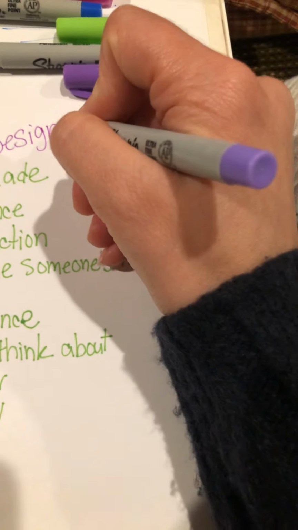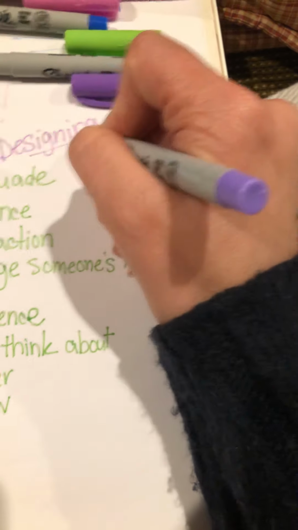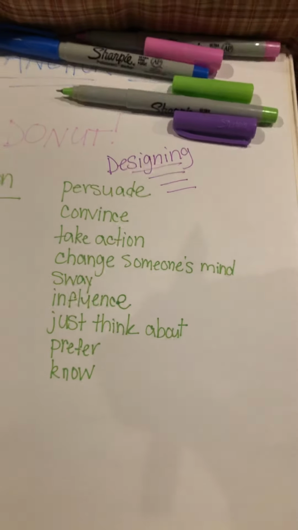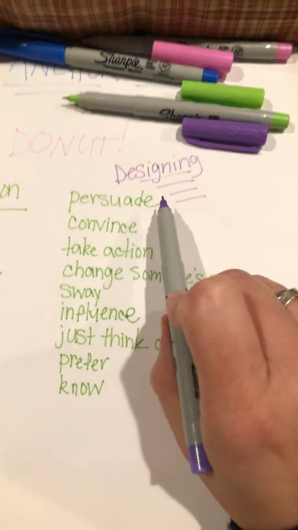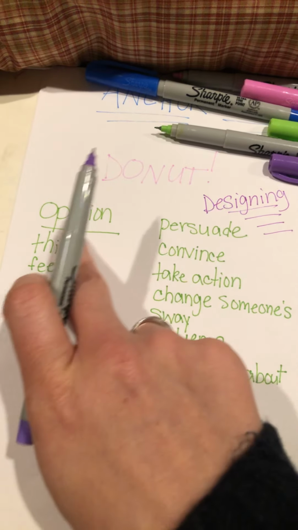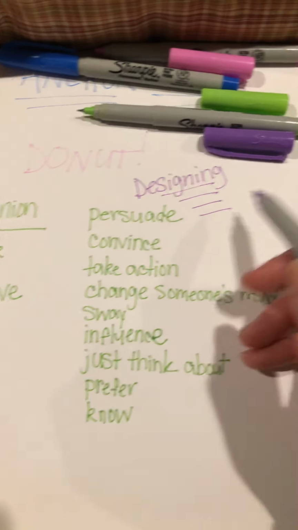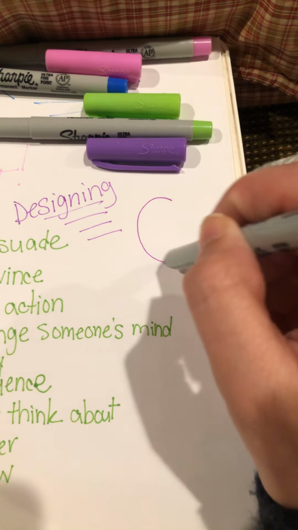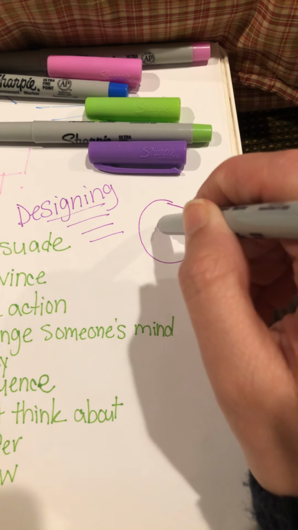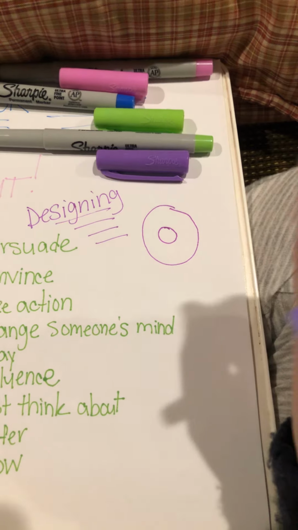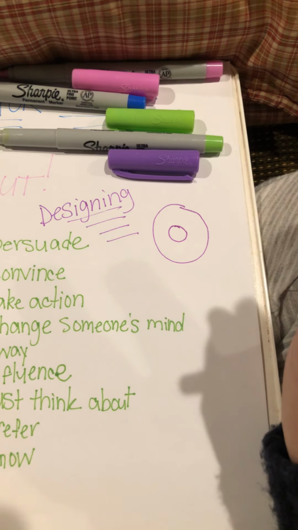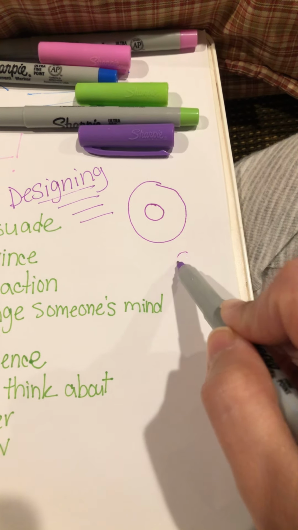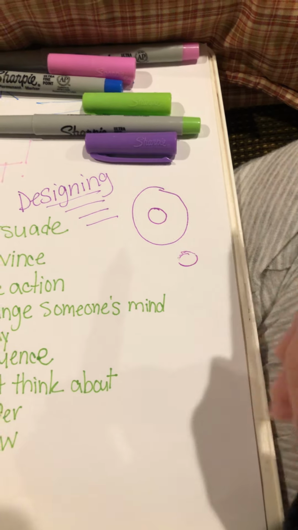So also, you're going to persuade, right? You're persuading the store owners to make your donut the flavor of the month. So not only are these words about persuasion, but also start thinking about your donut. You know, are you going to just go with a normal donut with a hole in the middle? Are you thinking like, oh, I'm going to go totally outrageous and try a square donut? I'm more of a donut hole kind of person. It's really up to you, okay?